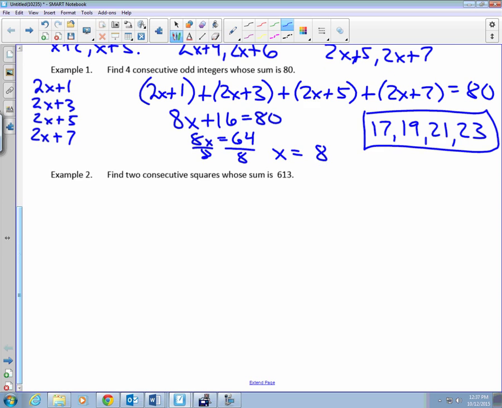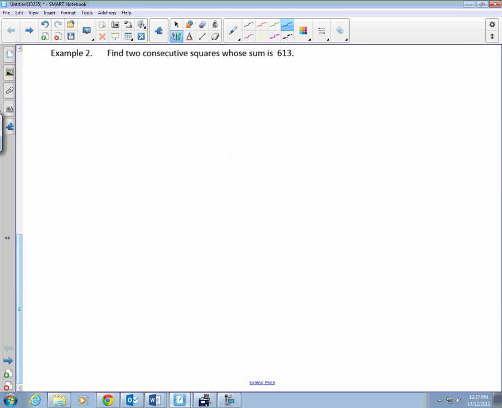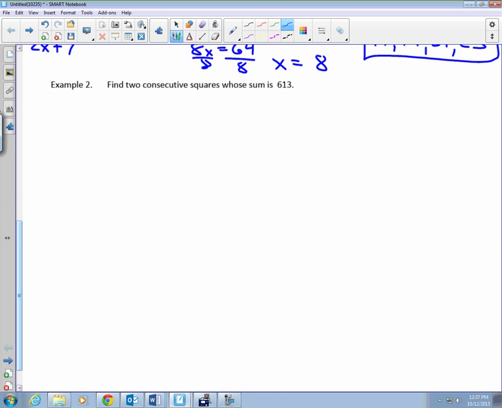Okay, let's try something a little bit more challenging. Two consecutive squares whose sum is 613. What? Give me an example of consecutive squares. 4 and 9. Okay, good, because 4 is 2 squared, and then 9 is 3 squared, right?